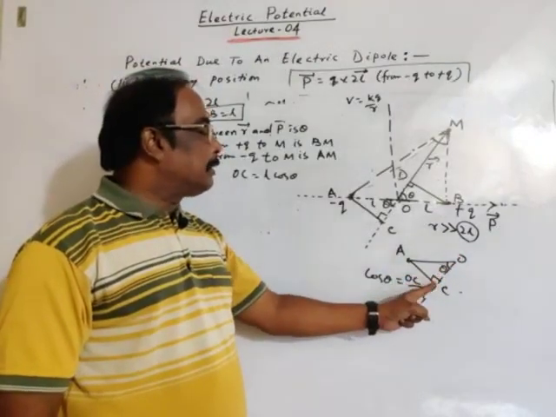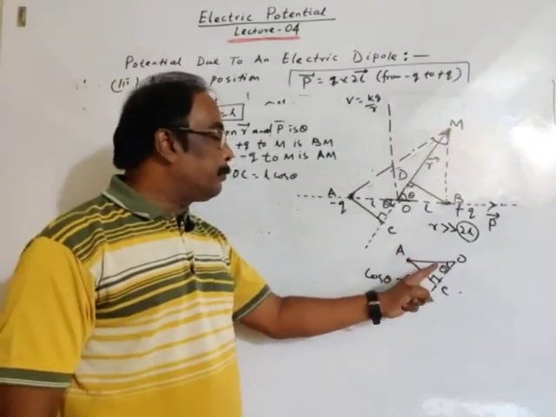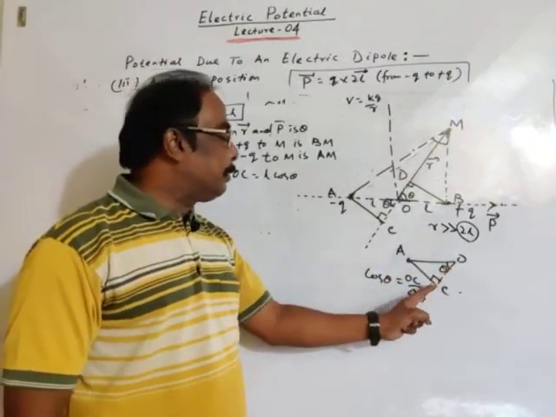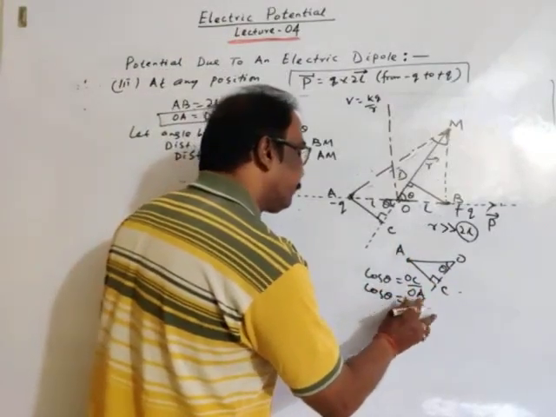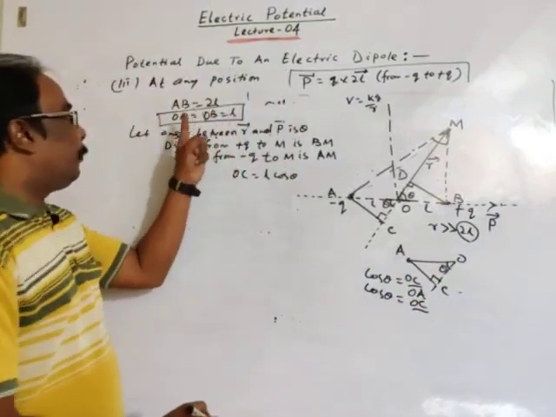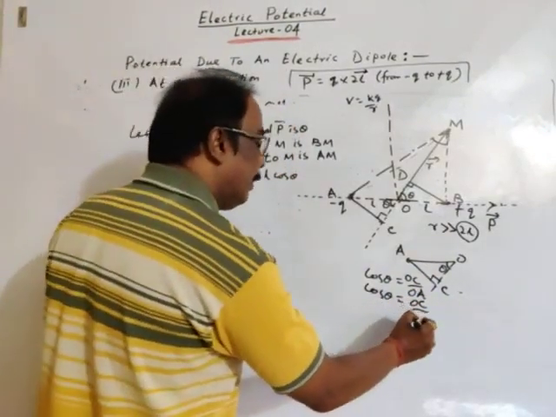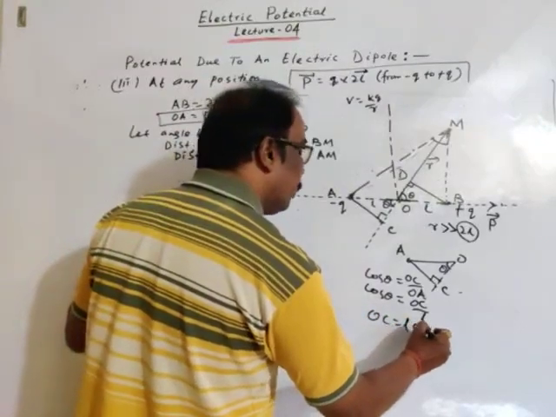This is theta, this is 90, so this is base, this is perpendicular, and this is hypotenuse. So cos theta is base divided by hypotenuse. So cos theta is equal to OC divided by OA, but OA is L. So OC is L cos theta.